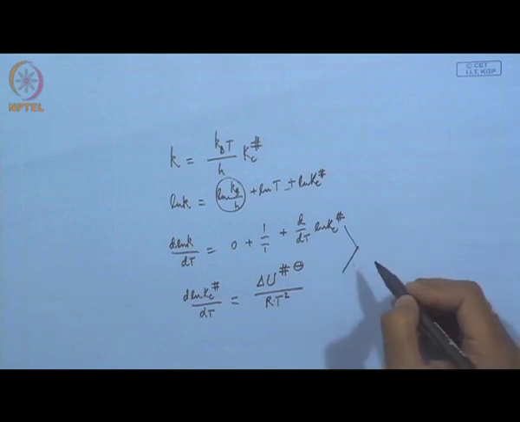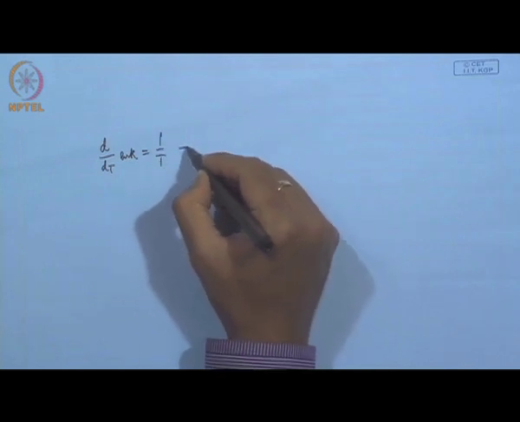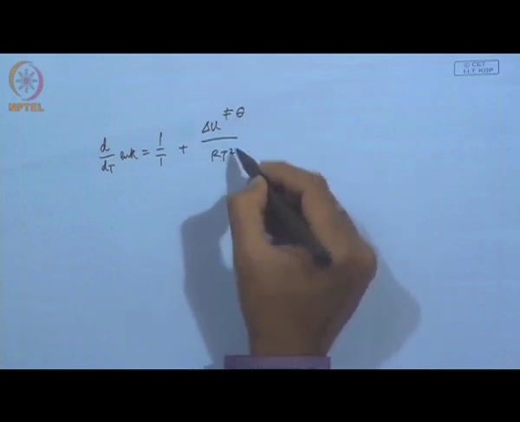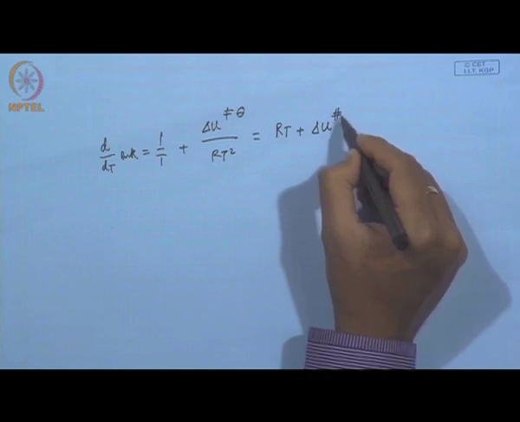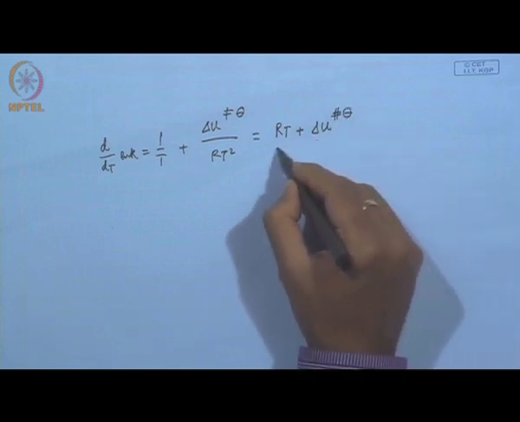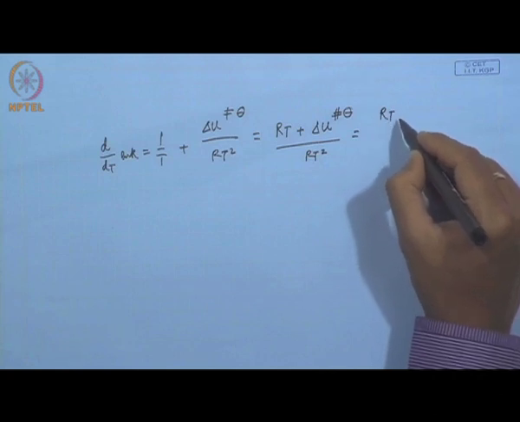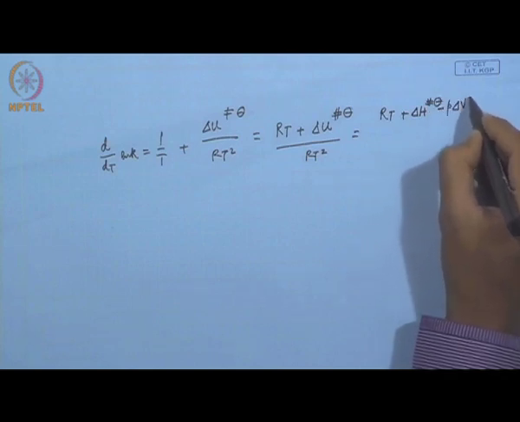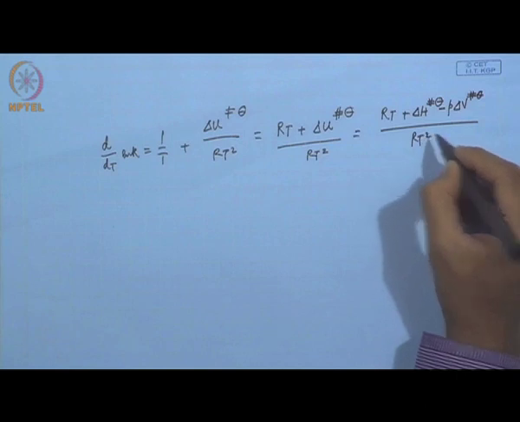Okay. So, comparing these two, what we are getting is this: d/dT of ln k is equal to 1/T plus ΔU‡0 bar divided by RT square, is equal to RT plus ΔH‡0 minus PΔV‡0 bar divided by RT square.